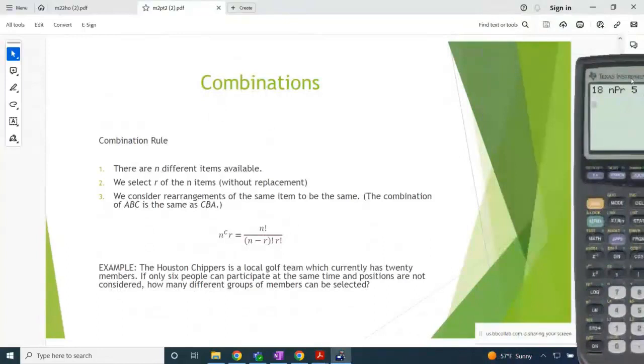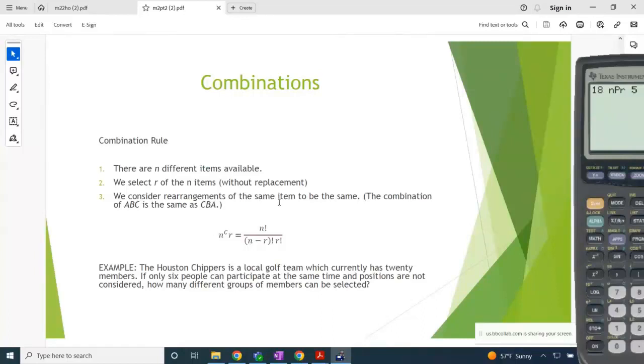So in a combination, the order does not matter. The combination rule says that there are n different items available to choose from. Okay, that doesn't change. R is still the number of items that you want to select, and again, it's without replacement.